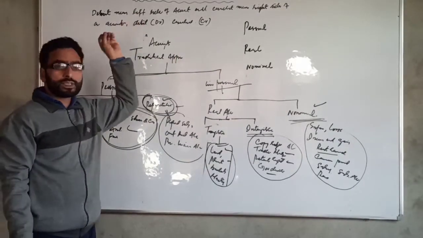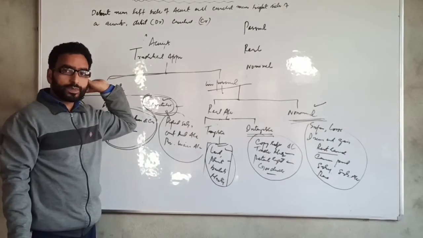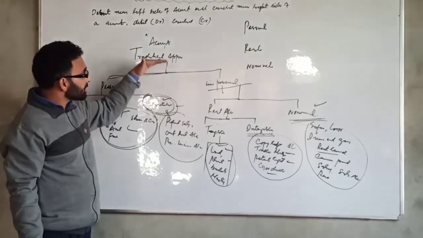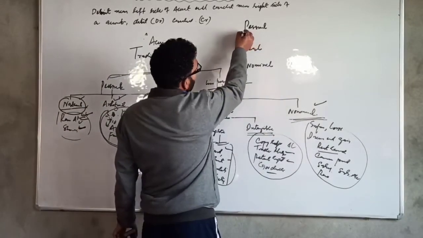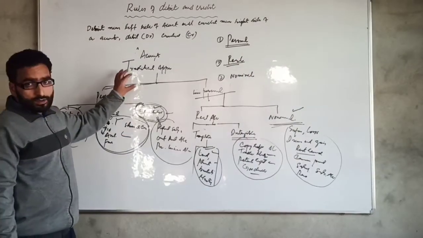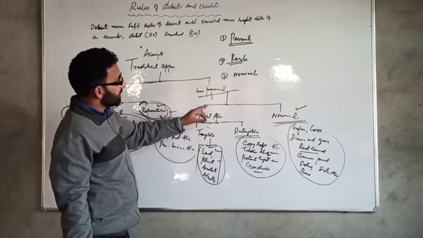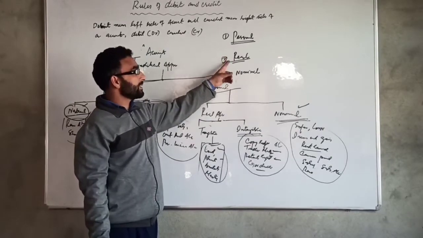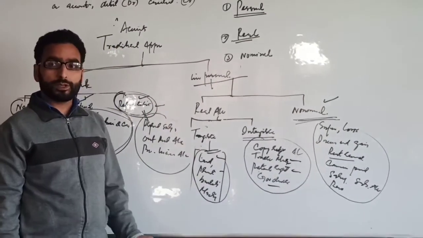Sometimes we can say debit is either increase or decrease. Similarly, credit may be either increase or decrease. But as per rules of debit and credit, all these accounts are divided into three types. One is personal, another is real, and the third one is nominal.